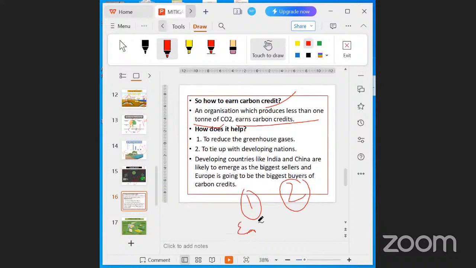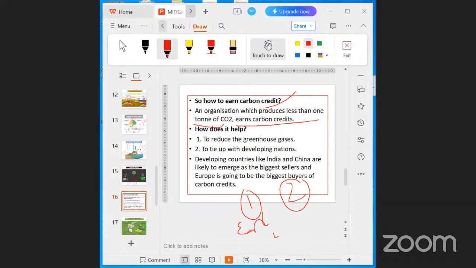I am emitting carbon dioxide less than you. Hence, I will earn the carbon credits, right? Basically, it is denoted in terms of 1 ton of carbon dioxide. So an organization which produces less than 1 ton of carbon dioxide will earn the carbon credit certificate, right?